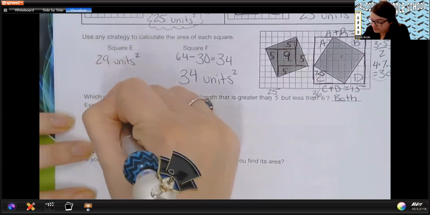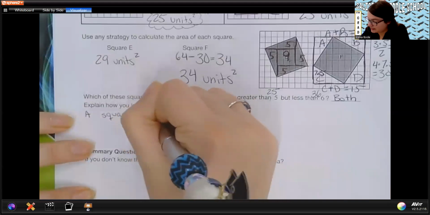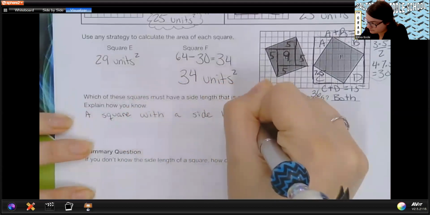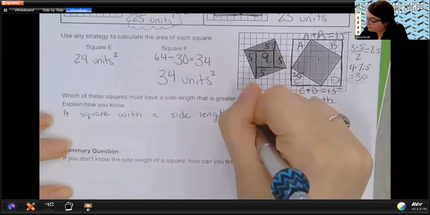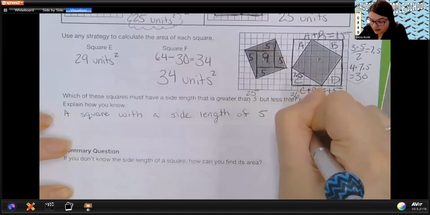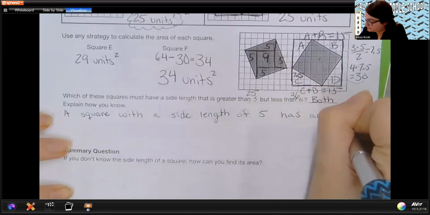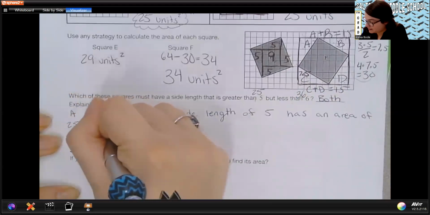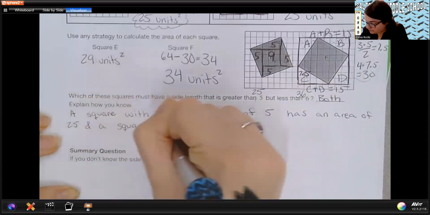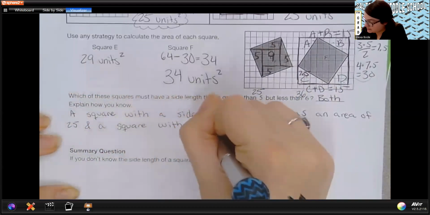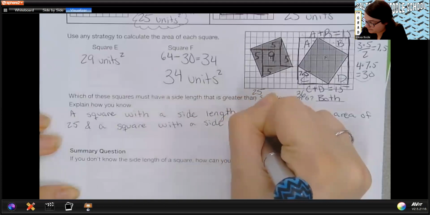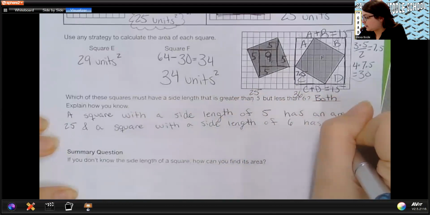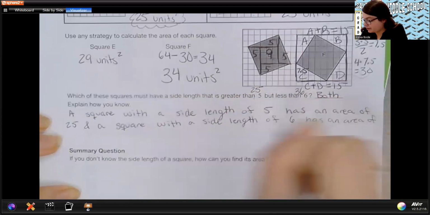So a square with a side length of 5 has an area of 25 and a square with a side length of 6 has an area of 36.